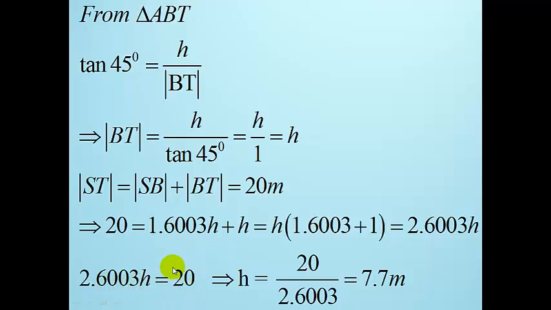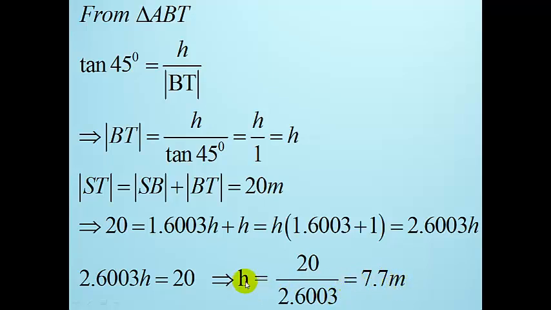And so when we divide 20 by 2.6003, the result is 7.7 meters. So H is equal to 20 divided by 2.6003, and this is equal to 7.7 meters.